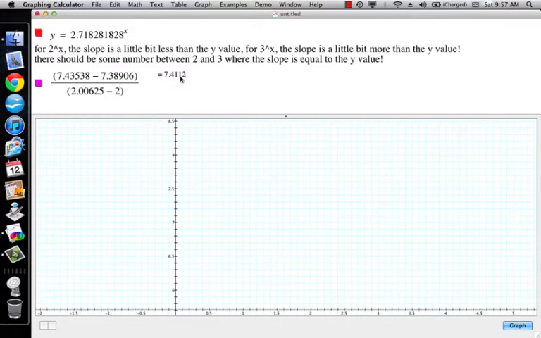Actually, if you think about it, I wanted to find the slope at this point, but this is going to be the average slope between this point and this point. And so what's the average?